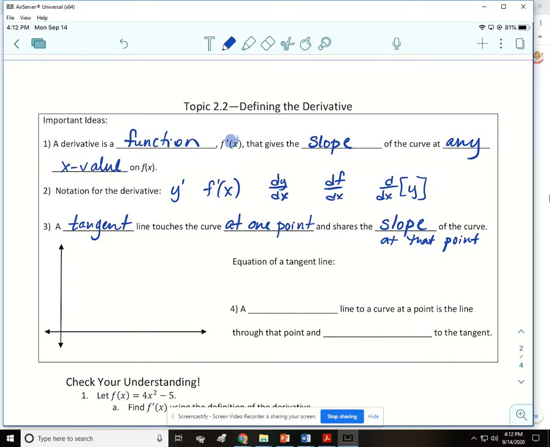So let's just draw a little graph. Okay, so let's say we have a point right here, and that point is at A, f of A. This is the graph of f. So a tangent line, I like to make my tangent line pink. The tangent line is going to come, and it's just going to touch it at that one point. Just scrape it.